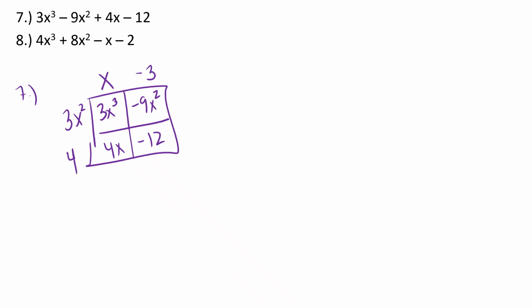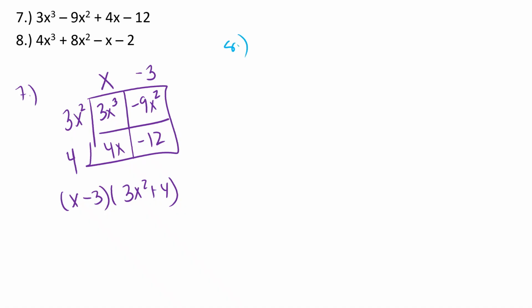And then this would have to be a -3, and you can kind of check all of those. So x times 3x squared, -3 times 3x squared, x times 4, and -3 times 4. And so our base is x minus 3, and our height is 3x squared plus 4. And you would want to check that and make sure like you can't factor it anymore.